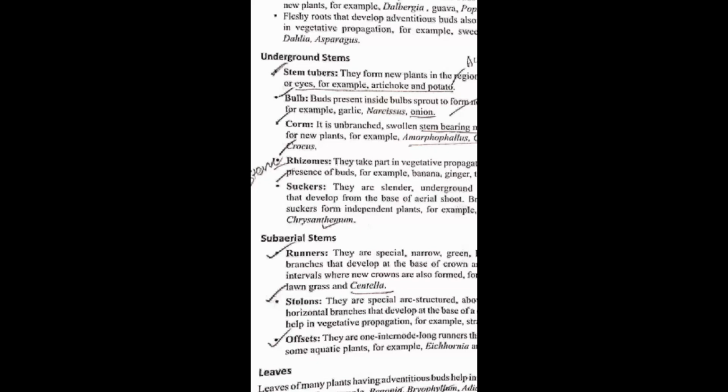That is also one of the vegetative propagation methods you already know about. They take part in vegetative propagation due to the presence of buds, for example banana, ginger, and turmeric. Sometimes they may ask: ginger and turmeric are known as which one, rhizome, corm, bulb, or stem? You must say rhizome. It is also one of the underground stem modifications.